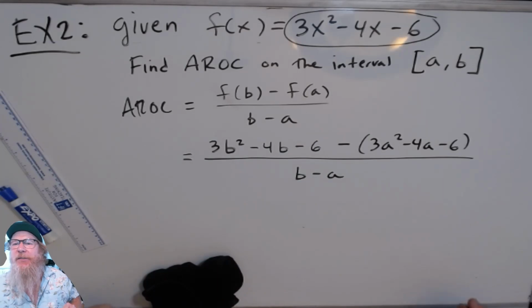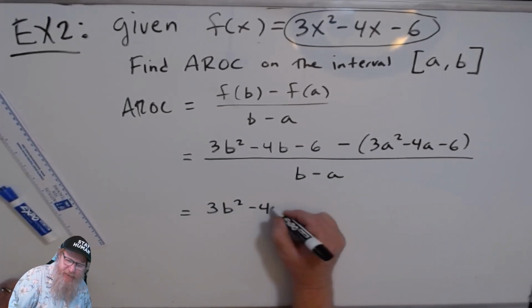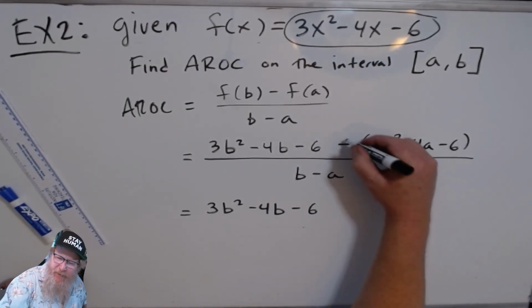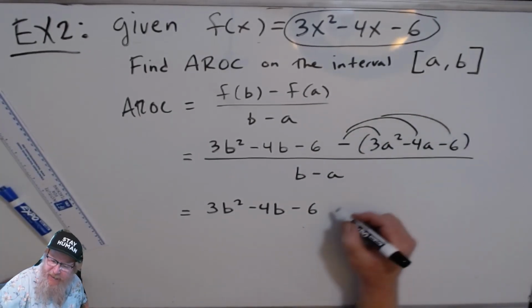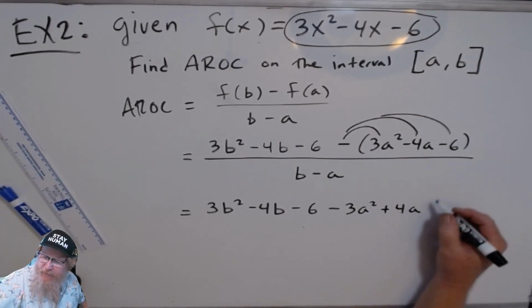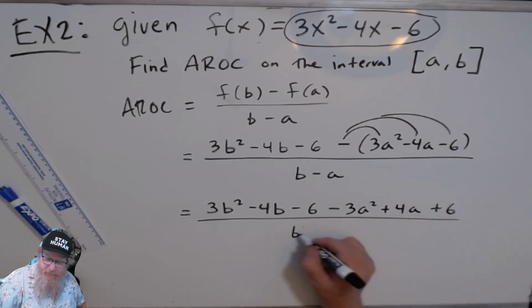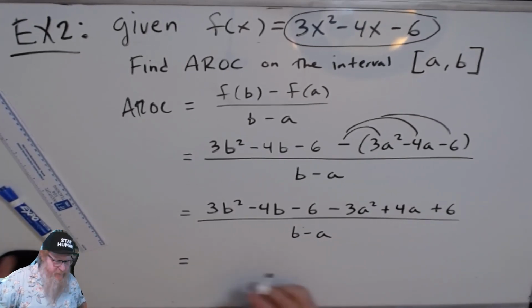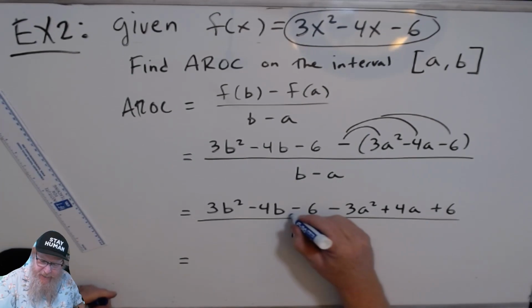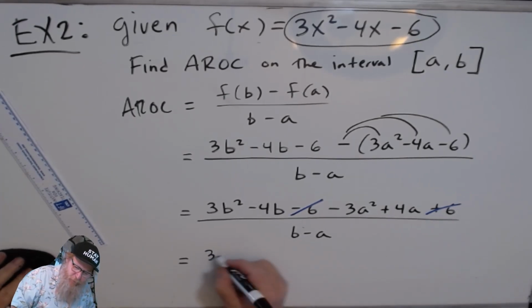I don't know if you think this is cleaner, but watch, it'll get cleaner. Right now it looks kind of messy, but I can clean this up nicely. Distribute that negative, that changes the signs. I could do some canceling, I got a -6 and a +6. I'm also going to do some grouping.